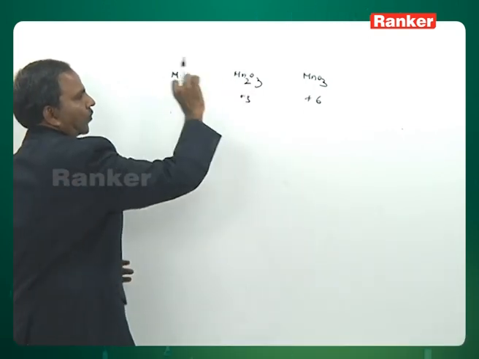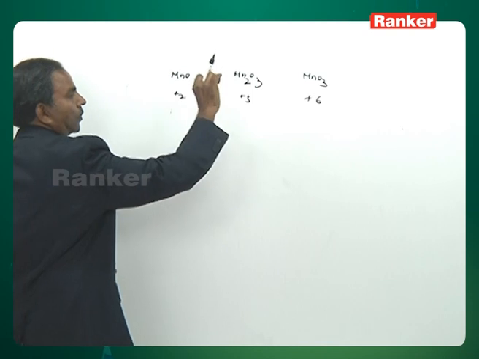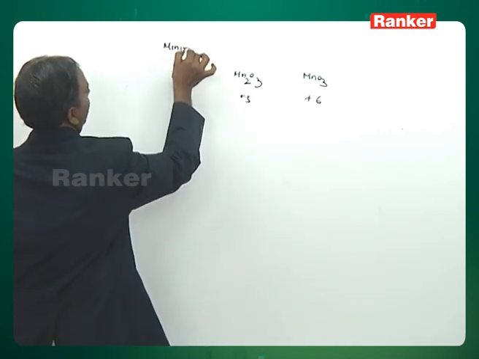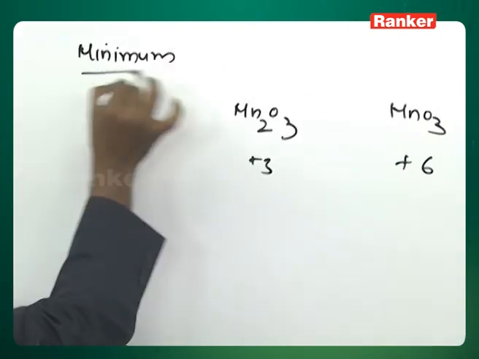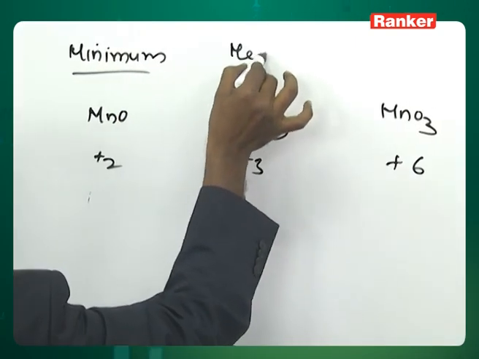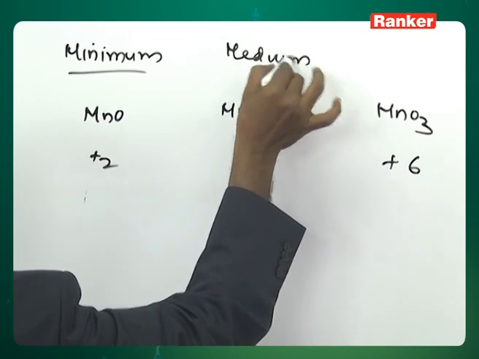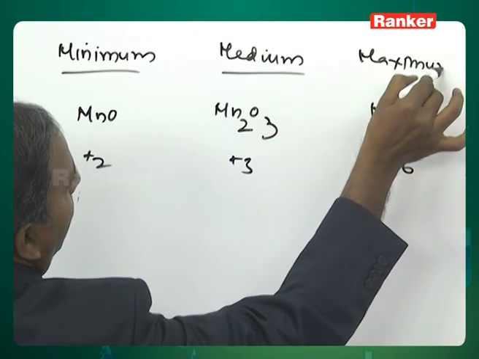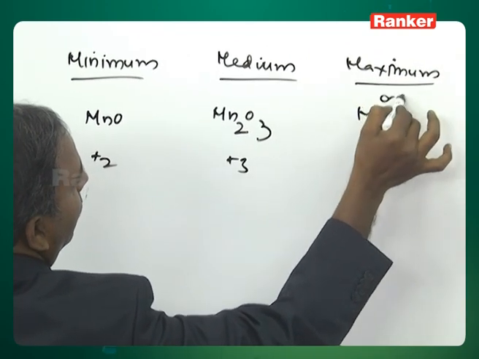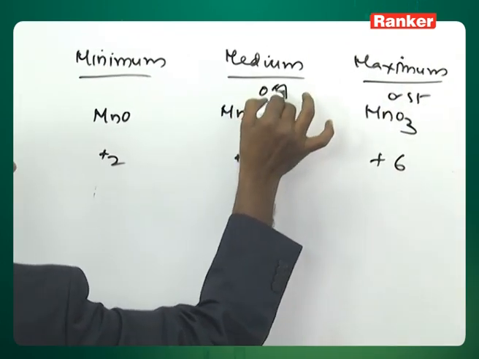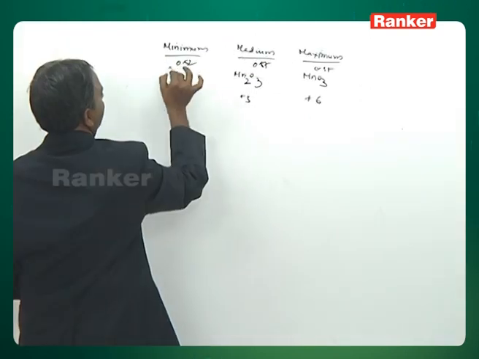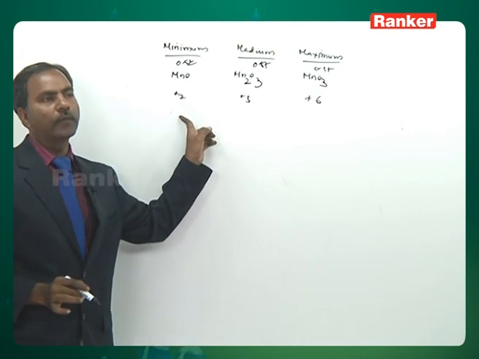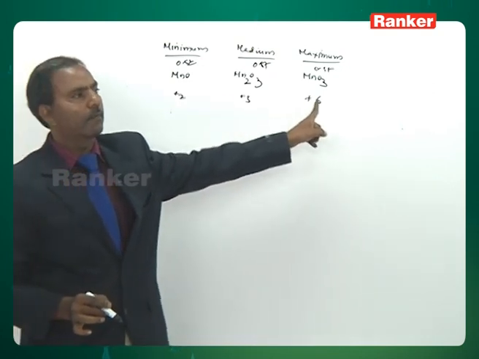Same metal ion, but different compounds with different oxidation states. Wherever the oxidation state is lowest, it is the minimum oxidation state, this is the medium oxidation state, and this is the maximum oxidation state. So we look at the same metal ion, but in one it is minimum, in another medium, and again maximum.